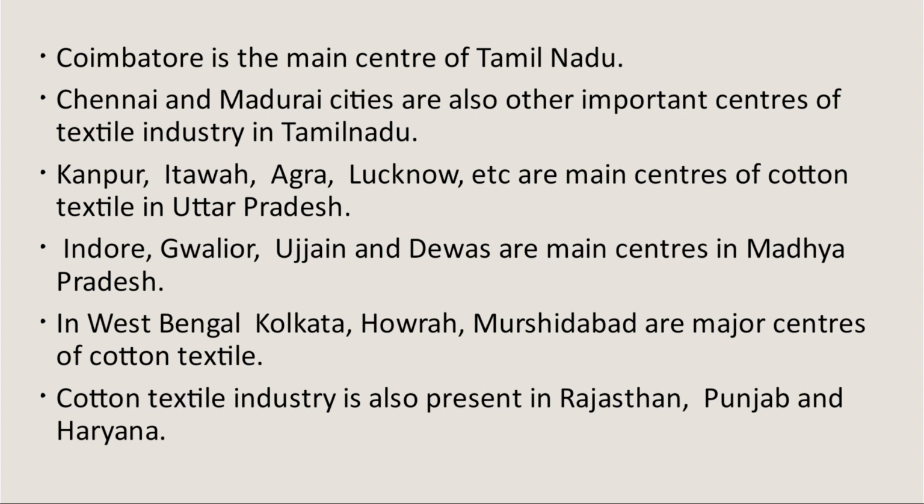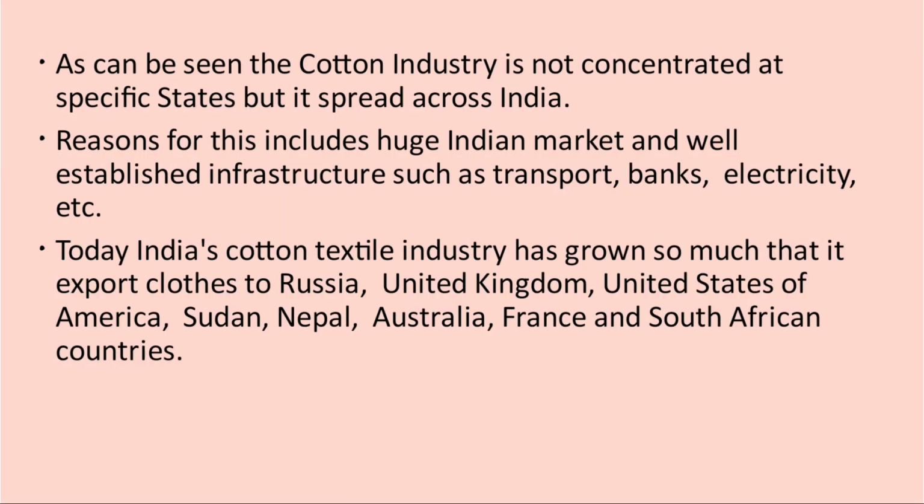In Rajasthan also we have the cotton textile industry, and at the same time Punjab and Haryana also. As can be seen, the cotton textile industry is not concentrated in specific states, but is spread across India. In this comparative study, you have seen Ahmedabad, Bhavnagar, Rajkot, Bharuch, Vadodara of Gujarat.